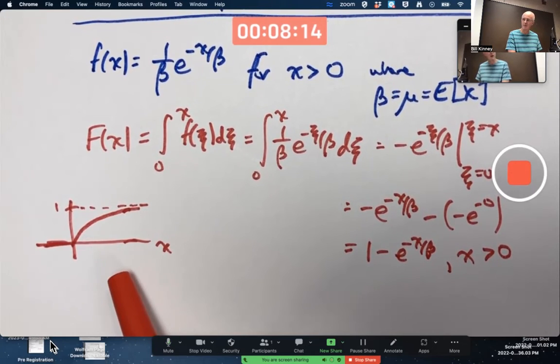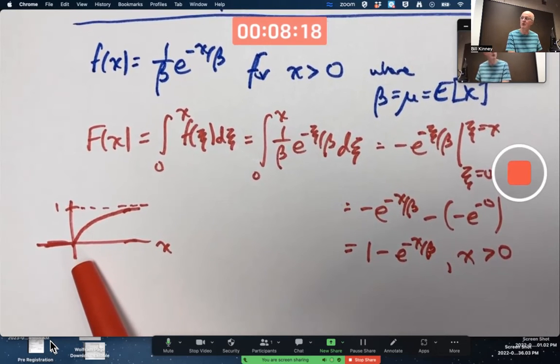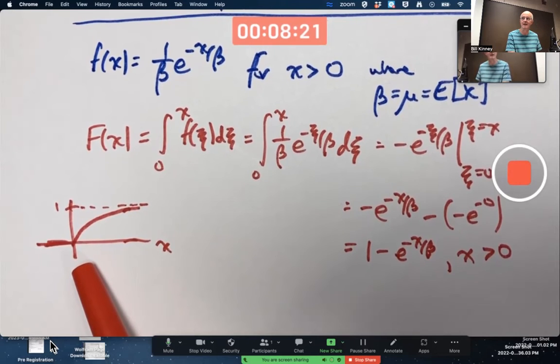If I plug in observed values of this random variable into this function, would I get observed values of a uniform distribution between 0 and 1? That's definitely not obvious, but it's worth a try.